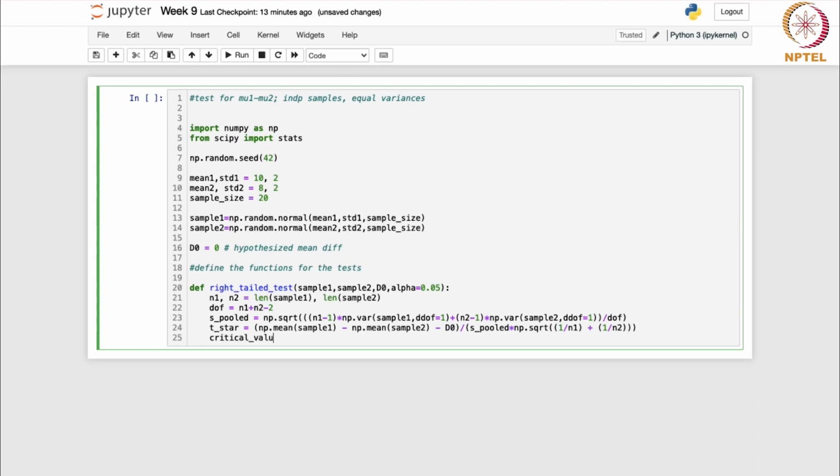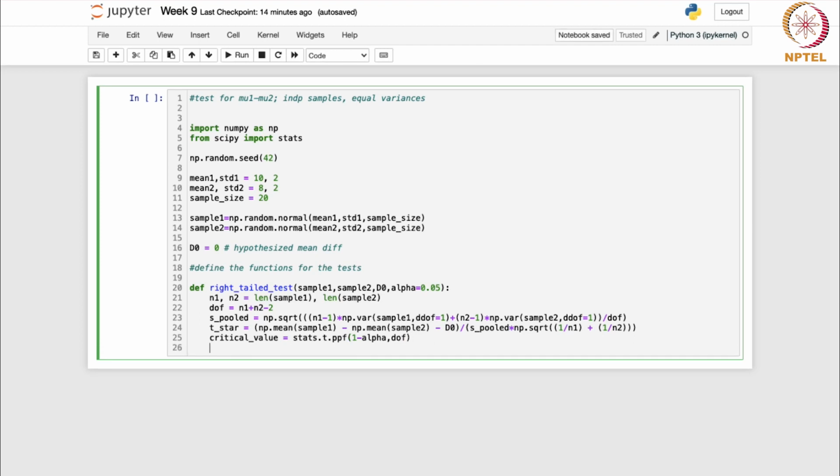Okay, now you can find the critical value. So the critical value would be calculated using stats dot t dot ppf, so 1 minus alpha comma DOF, right? We know that this percent point function is the inverse of your CDF basically. So if we mention this over here, it is going to find the t value that corresponds to this particular cumulative probability.